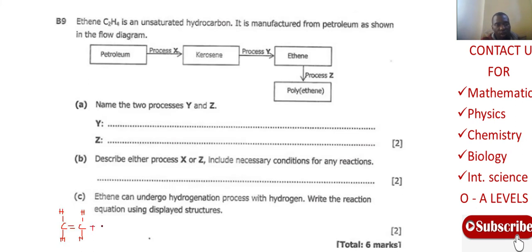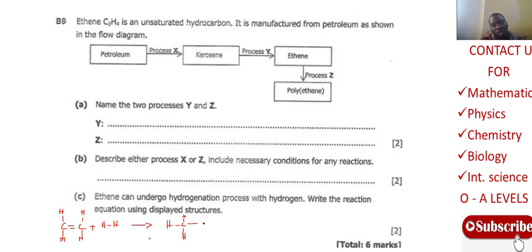So reacting with what? With the hydrogen. Hydrogen is diatomic, so we write H and H. Then this one definitely will be transformed into such an arrangement. So see here we have the H there. Then we also have the H at the bottom.